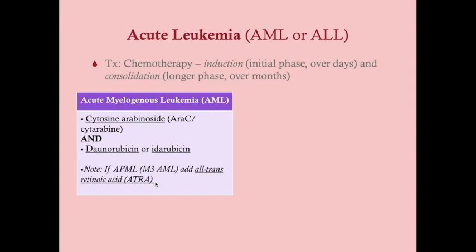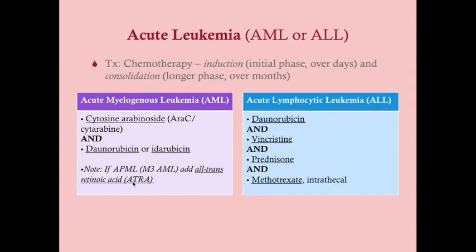For acute lymphocytic leukemia, you need to remember these 4 drugs. Daunorubicin, vincristine, and prednisone, which are all given IV. And then you also have to treat the patient with methotrexate, which is given intrathecally as prophylaxis.